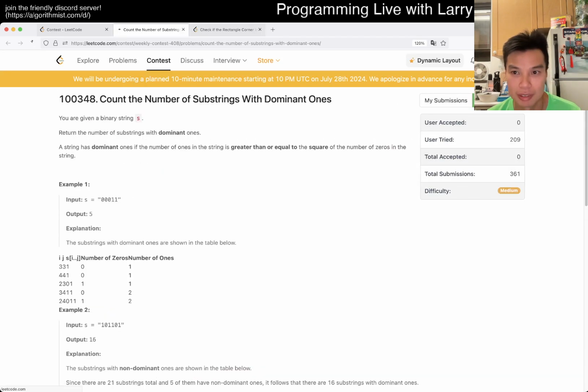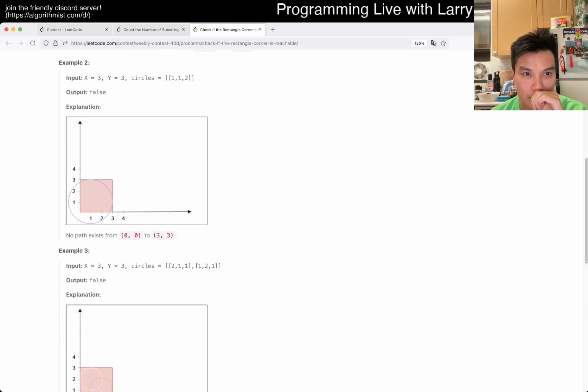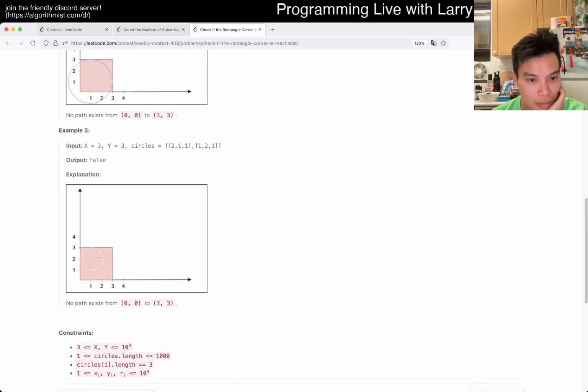I don't know. Alright, let's skip ahead just because I want to take a look, because someone's gotten this one at least. So okay, you're given two arrays of circles. Okay, so you have some path. This seems like a hard one.